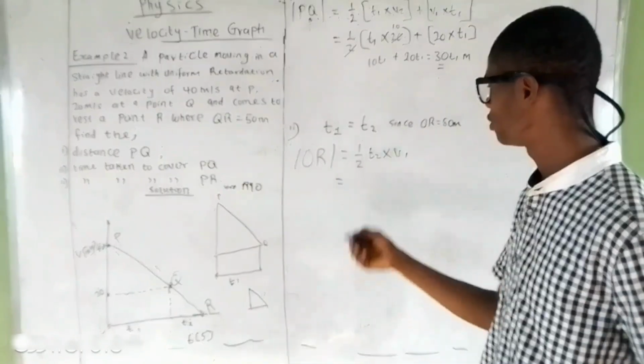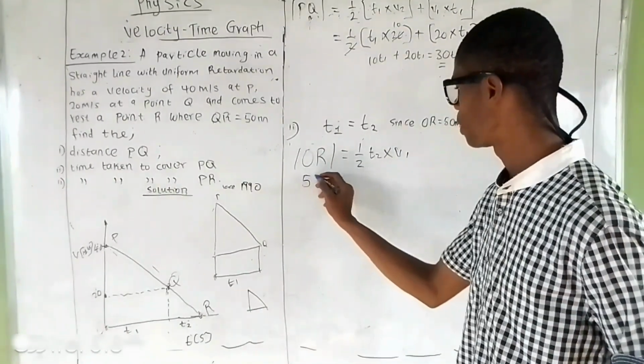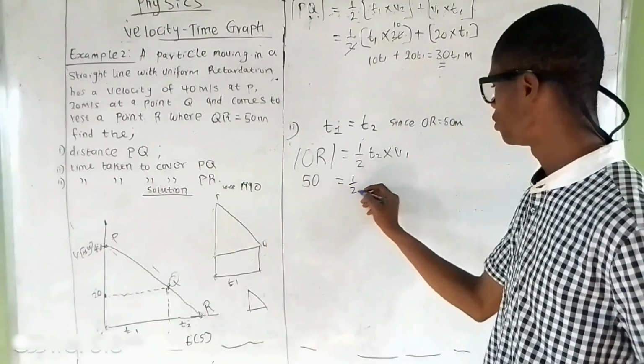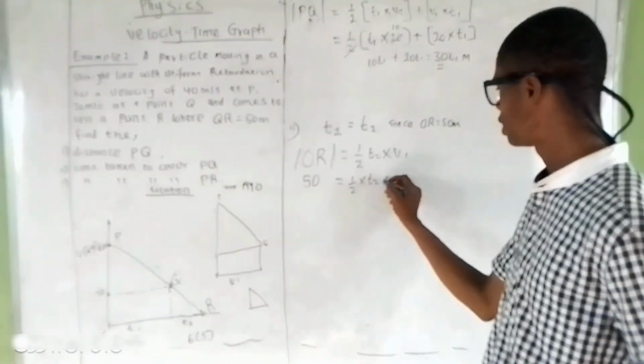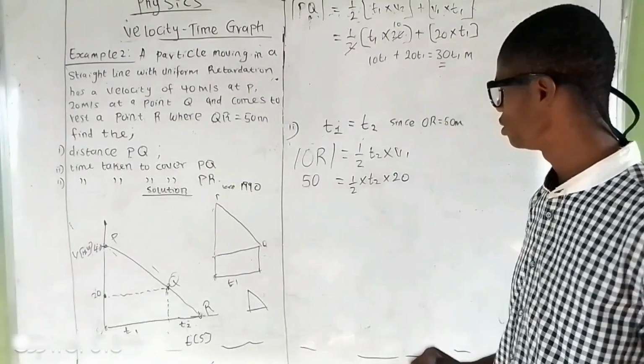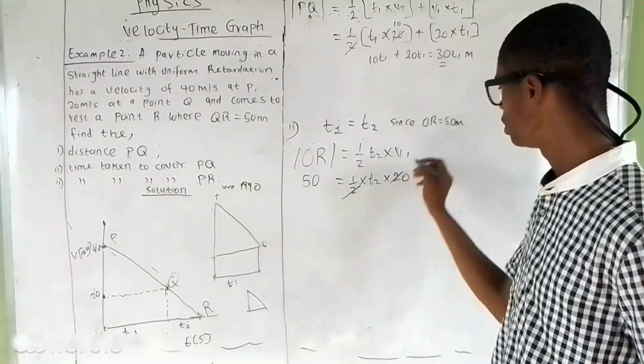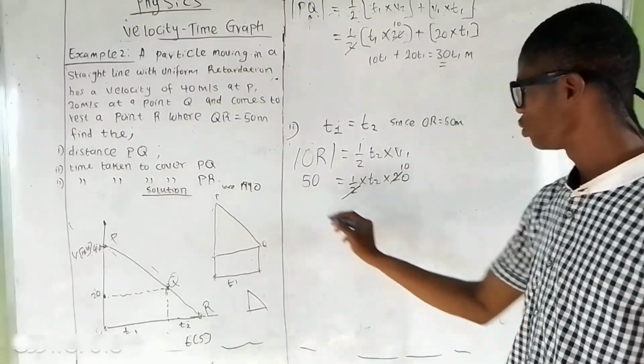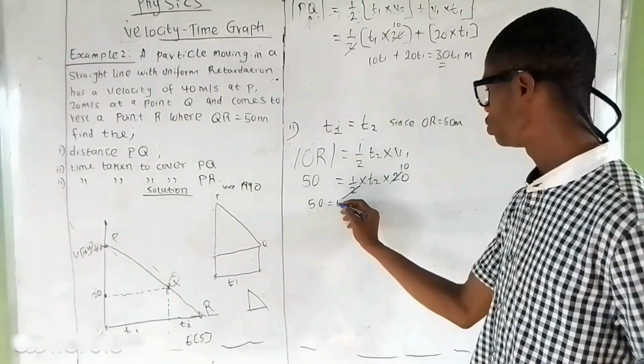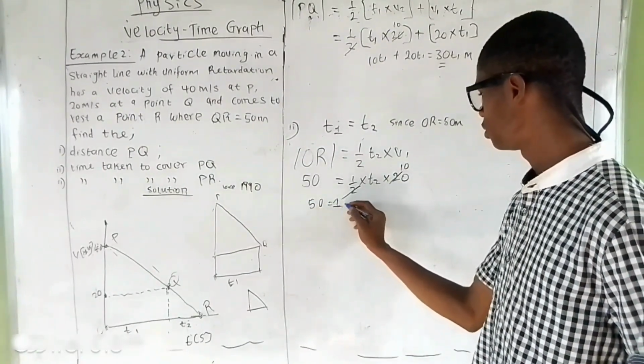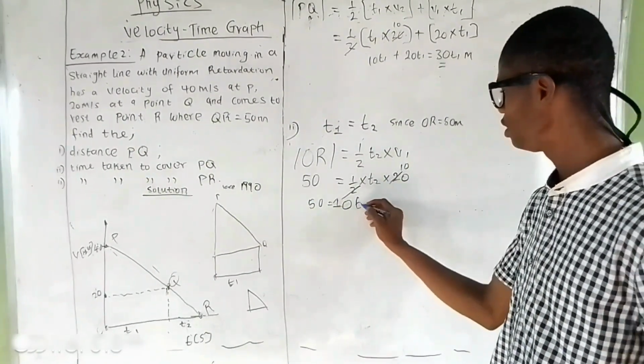So we now have 50 is equal to half of T2 times what is our V1? 20. So 2 here, 2 here to give you 10. So what we have is 50 equals 10 T2.